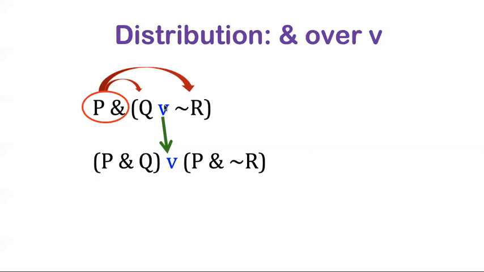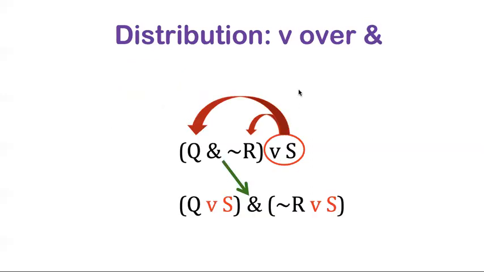Now, it works for conjunction over disjunction. It also works perfectly well for disjunction over conjunction. And you can distribute from the left or you can distribute from the right. The thing to pay attention to, it all comes down to the main connective, because what we're distributing is whatever's the main connective. It doesn't matter which side it happens to be on. You see, this disjunction is the main connective, so I can distribute or S, and I can put it first onto the Q, and then I put it onto the not R, so it would look like this.